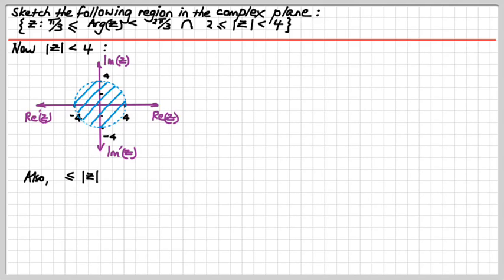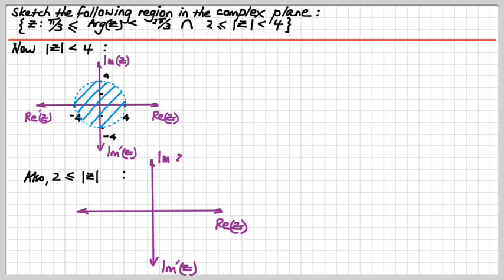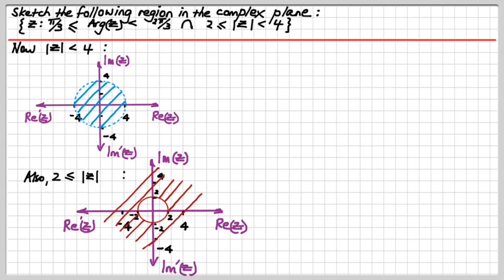Now, we're looking at where the modulus of z, or the distance of z from the origin, is greater than or equal to 2. Well, that would be anywhere outside a circle of radius 2 with the centre at the origin, wouldn't it? It's everywhere outside that circle, which has a radius of 2.